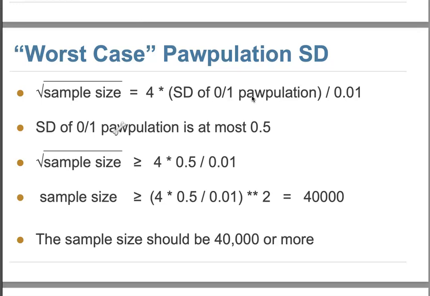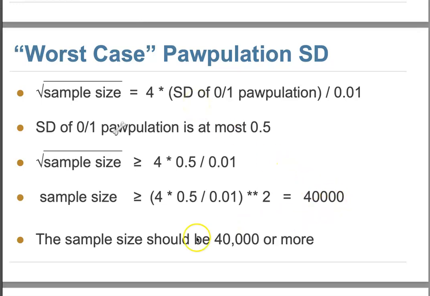Remember, this sample proportion is only used for categorical data with only two categories, two results, either yes or no, so we can use 0 or 1. This is very interesting, since the standard deviation for the 0-1 population is always within 0.5.